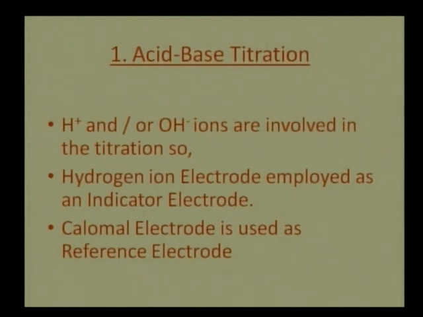The concentration of hydrogen ion or hydroxide ion is involved in the titration, because pH changes during the titration, depending upon the concentration of H plus. pH is equal to minus log H3O plus, or H plus. The hydrogen ion electrode is employed as an indicator electrode to measure the concentration of H plus and OH minus in the solution, and a standard calomel electrode is used as the reference electrode.